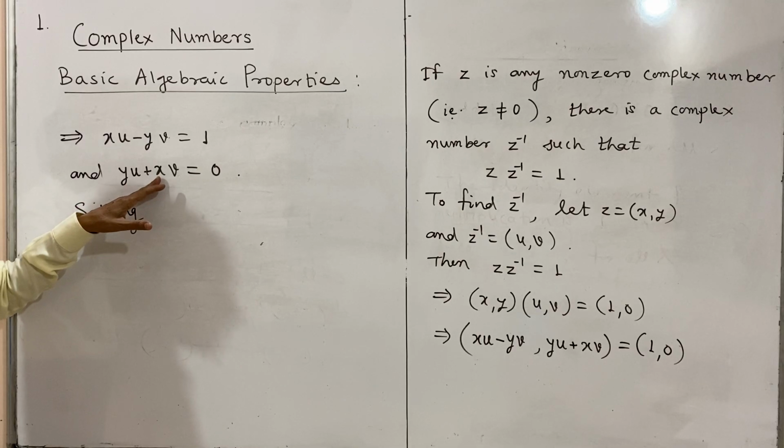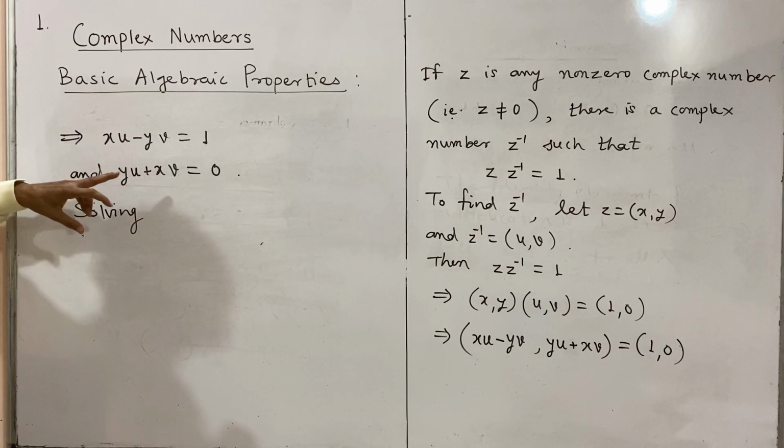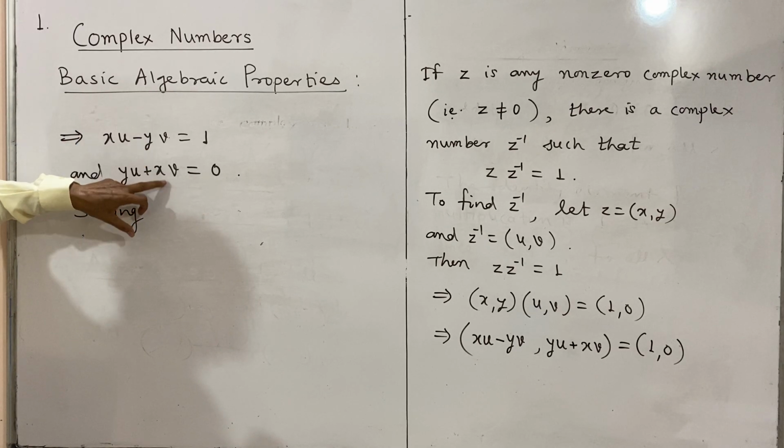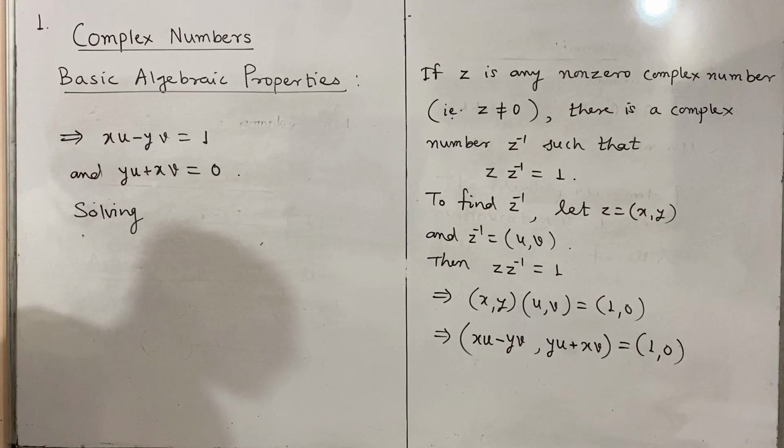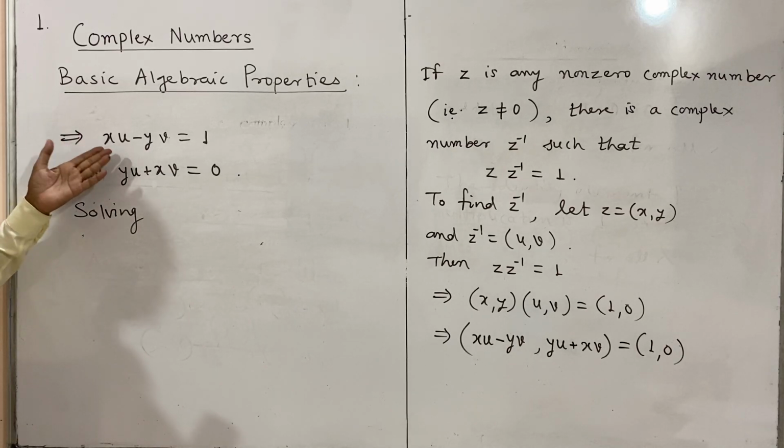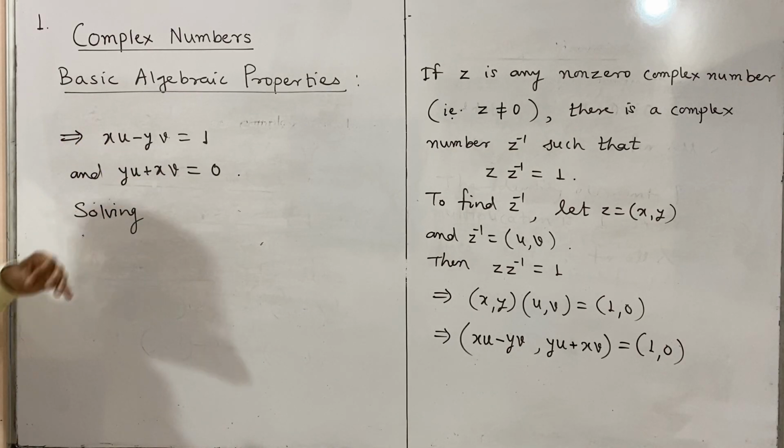How to solve it is easy. Use the elimination procedure. If you eliminate v from this, multiply this by x, multiply this by y, and then add it, v will be eliminated and we will get the value of u. Similarly, we may eliminate u and get the value of v.